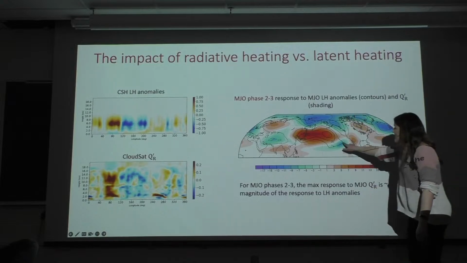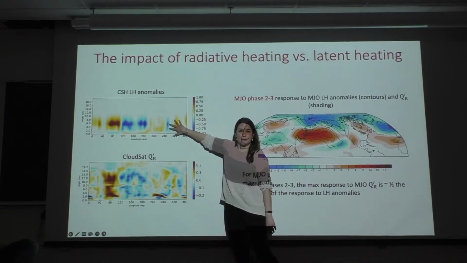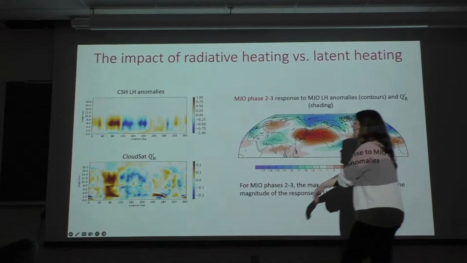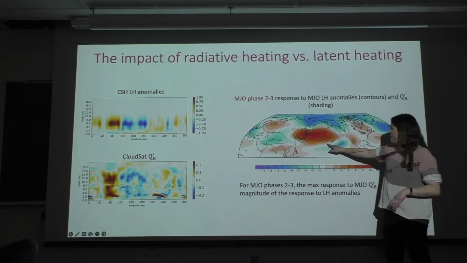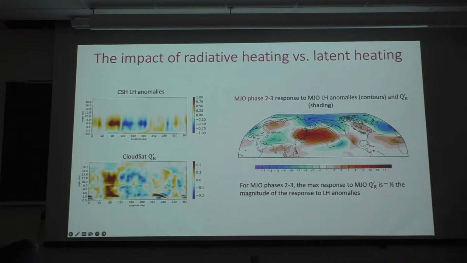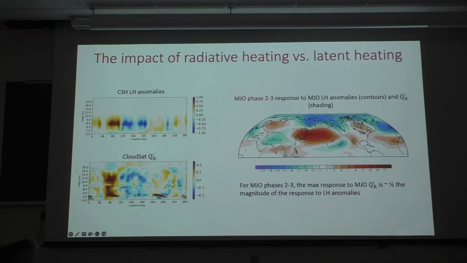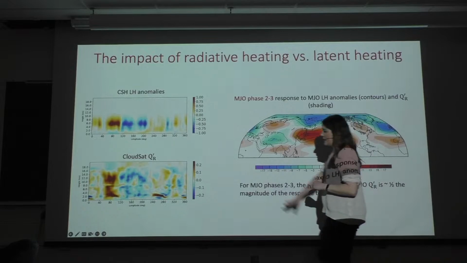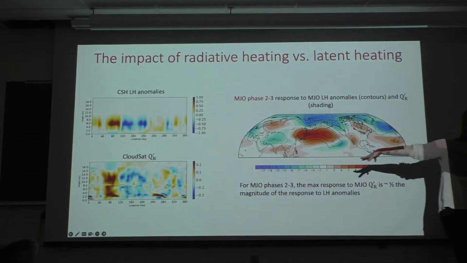So the contours are when you just use our MJO latent heating anomalies as your forcing. And what you see is a magnitude of this anticyclonic anomaly of up to around 30 meters. Versus if you force it with radiative heating, so this becomes our forcing now, what we get is what you see in the color shading.